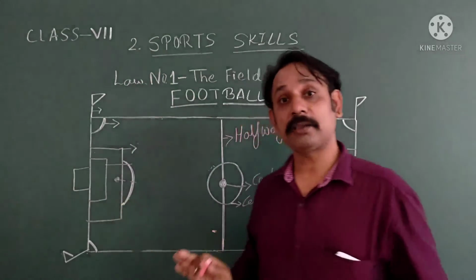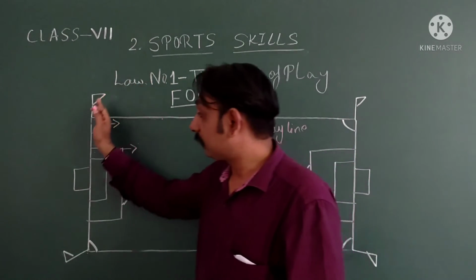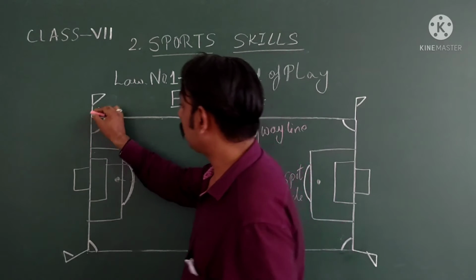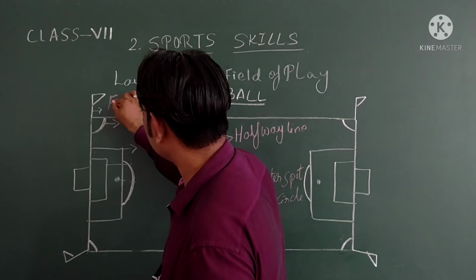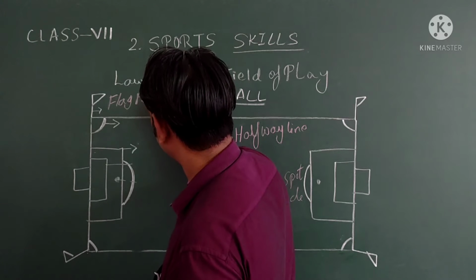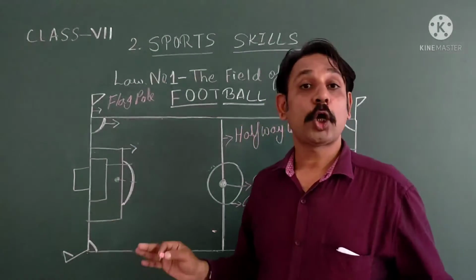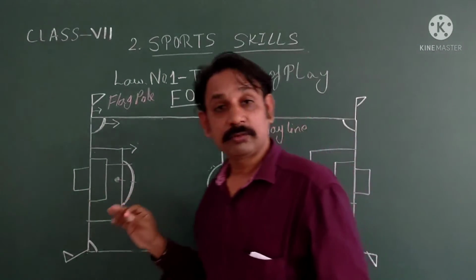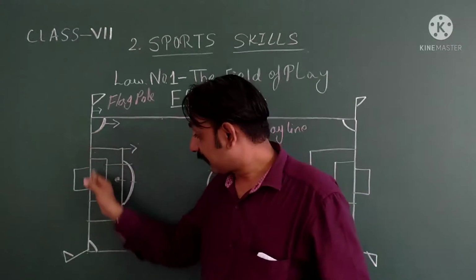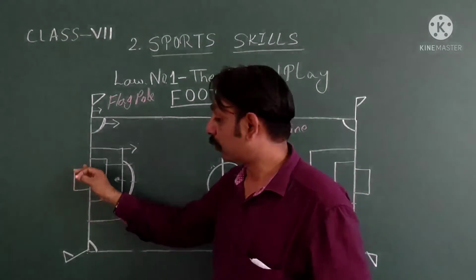Now let us see what are the parts which we have to know in football. In the corner, you can see a flag type. We call it a flag pole, or we call it a corner flag. Now children, at the outside of this line of the ground, you can see a small box type.